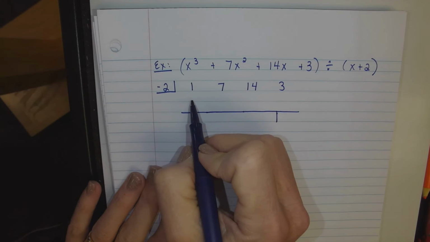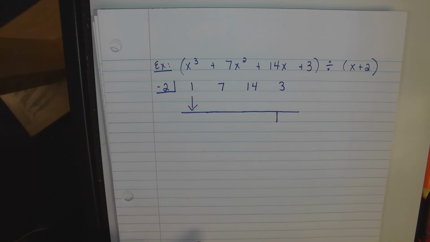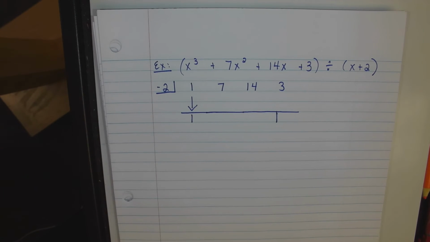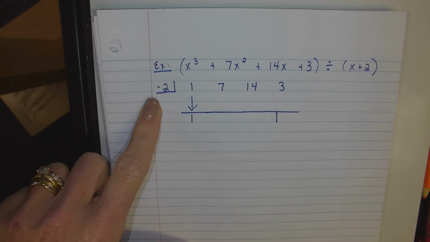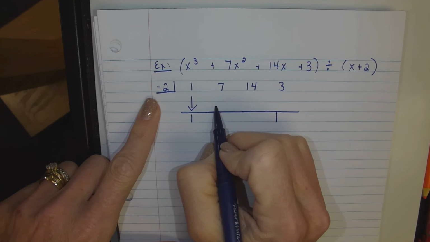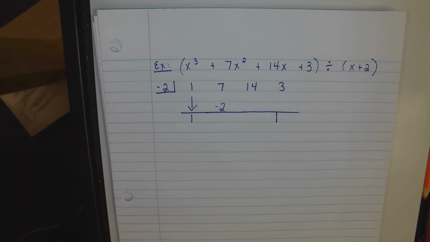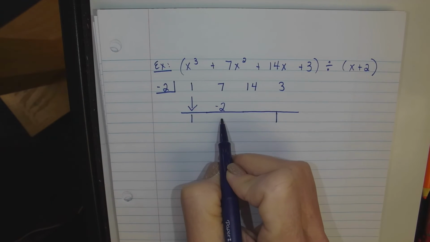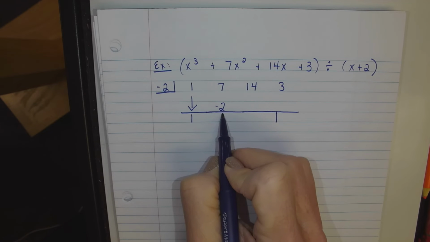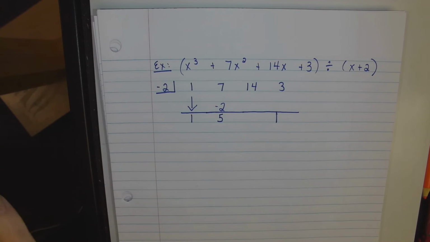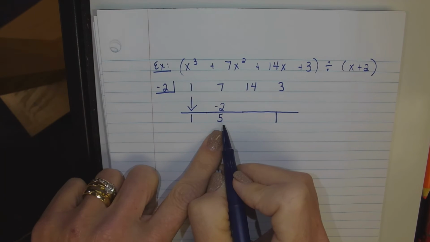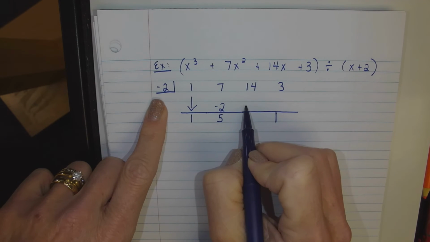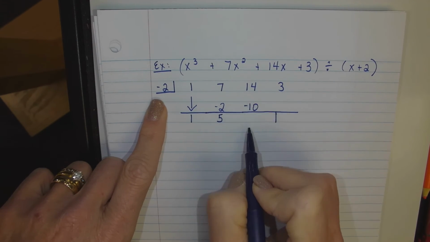All right, so we're going to do the arrow. And I bring down the 1. What do I do next? 1 times -2, which is simply -2. Now what? Plus 7. Plus 7 plus -2 is positive what? 5. 5 times -2, which is -10.